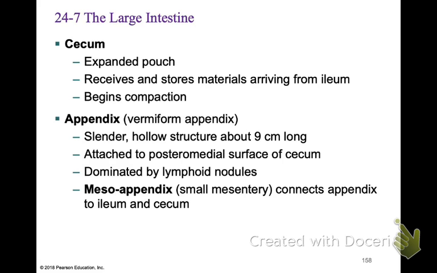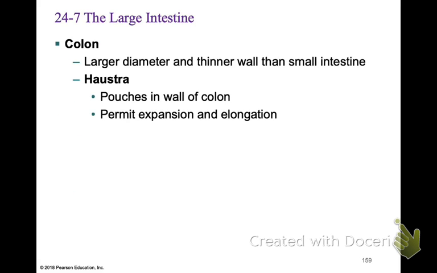It's dominated by lymphoid nodules, and it's like an alert system. If there are bacteria that don't belong to you, or if those bacteria are trying to invade the ileum, that would be bad. So we all know you can live without your appendix, but the appendix is part of your immune system.